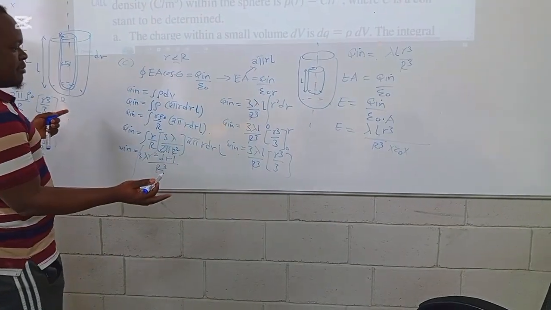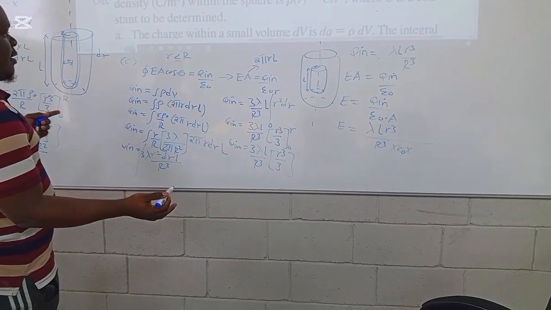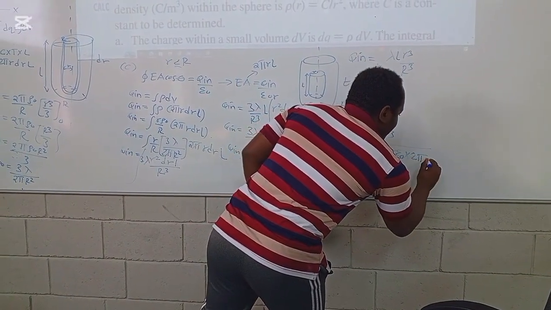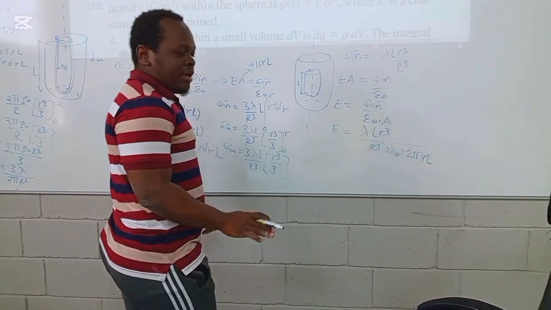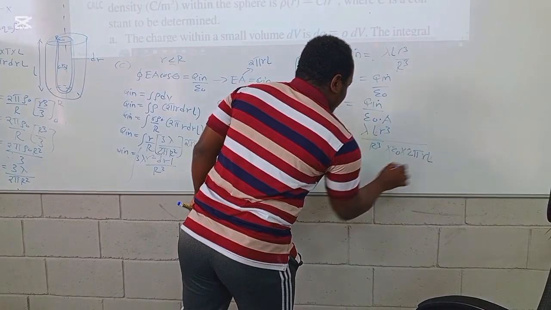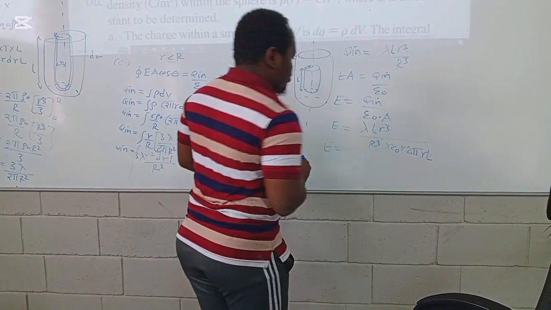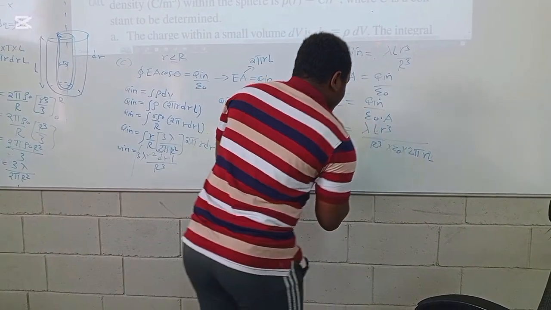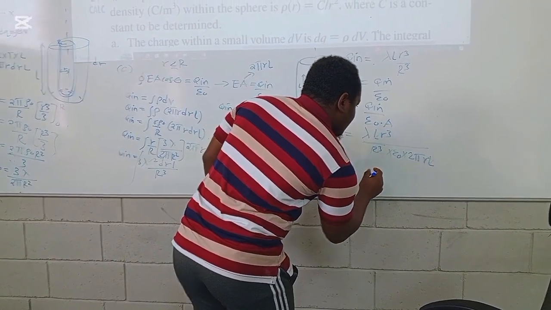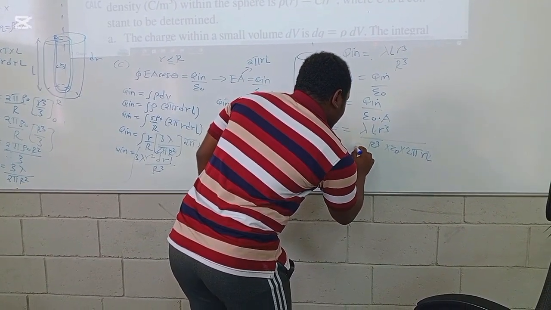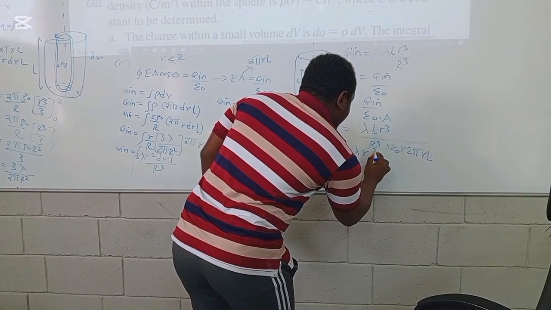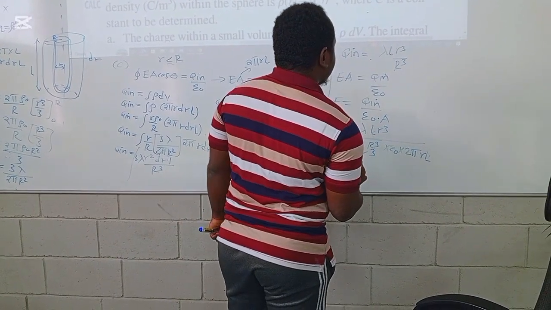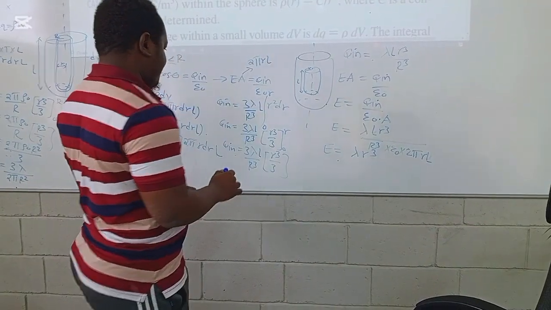Where was our area? 2 pi r l, also small l. So this small l and this small l will cancel. Do we have anything to cancel here? Small r will cancel.